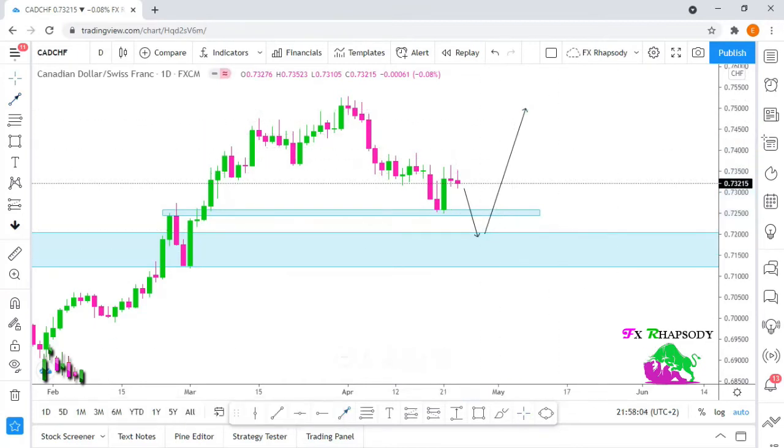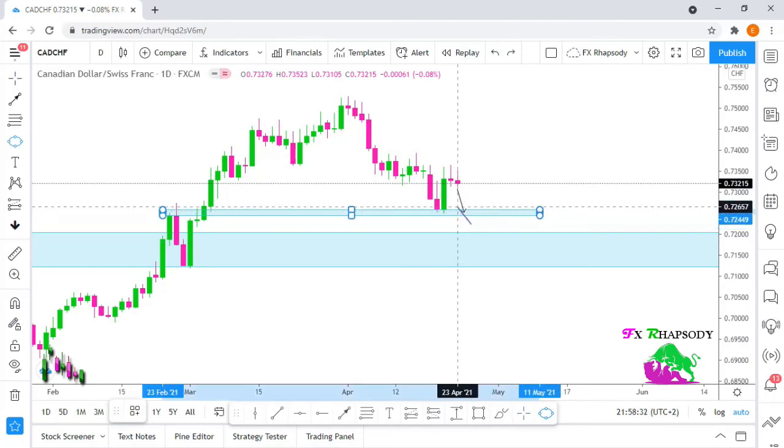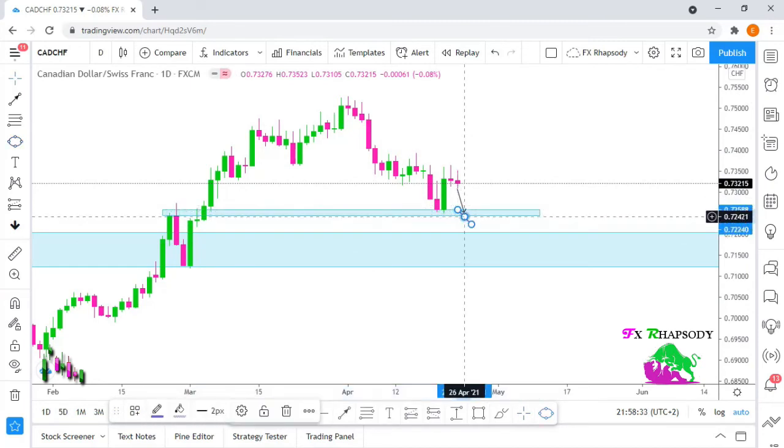But there is also the possibility that price is just going to touch or retest this area here, the support, and then from here on make its move to the upside. So I would suggest when price comes down to this area over here, let's make a nice little circle here, if my mouse will allow it.